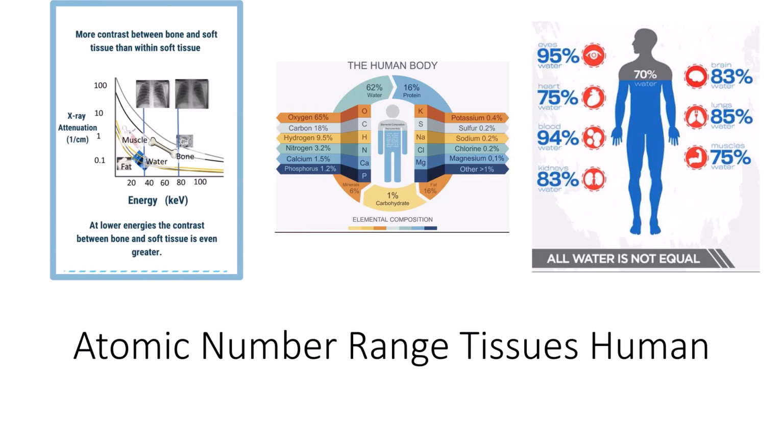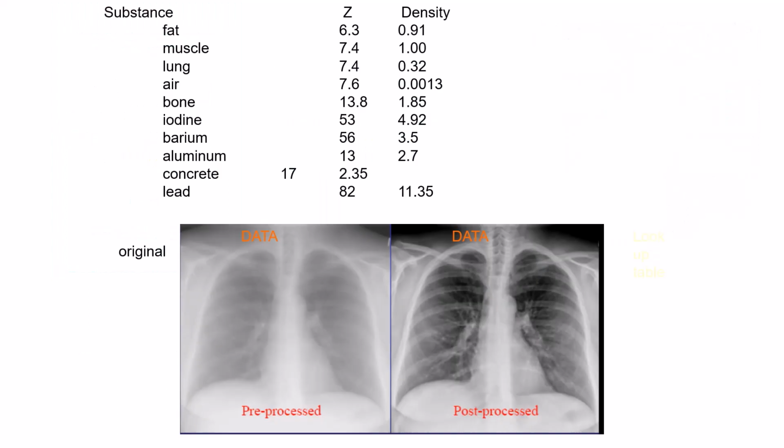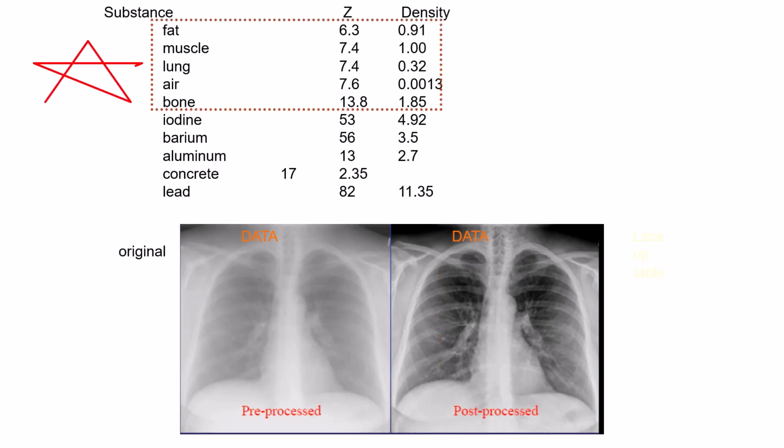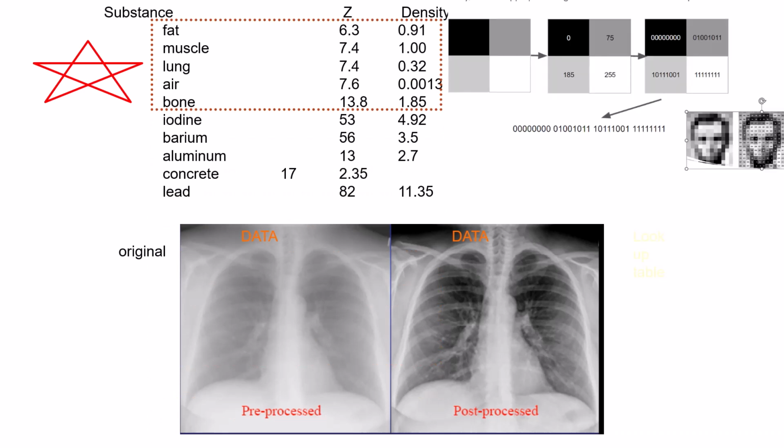Each of the tissues in our body has a different amount of water, which creates different densities. Here is a listing of some of the different tissues in the body, their atomic number, and the density that they represent. It is obvious that there is not a great variance in the densities of the tissues, and therefore we end up having to post-process the data that we have acquired.